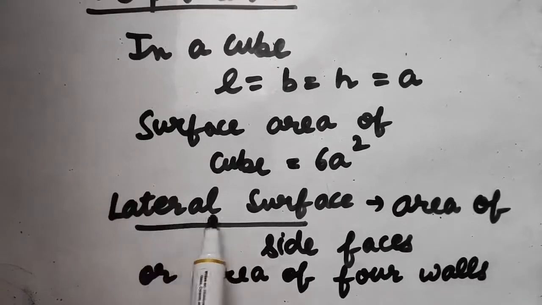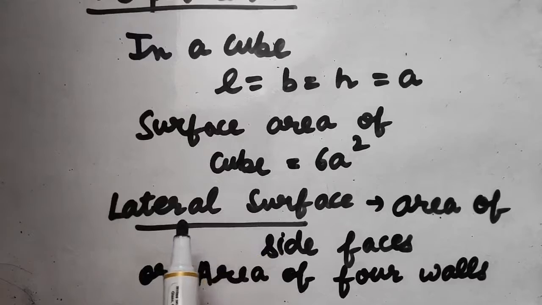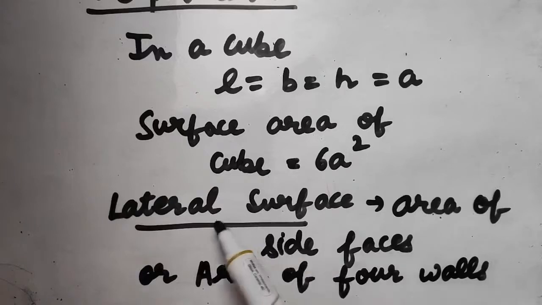So lateral surface area, if I talk about cube or cuboid, the area of side faces, that is the faces excluding top and bottom, make the lateral surface area. It means we are supposed to consider the areas of side faces. This is what I have written here. This is also known as area of 4 walls.